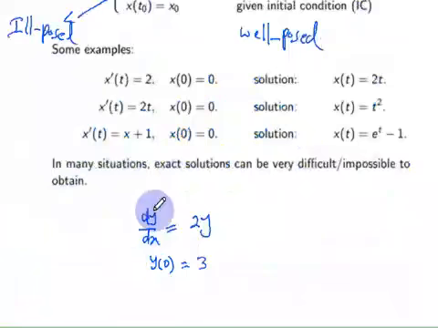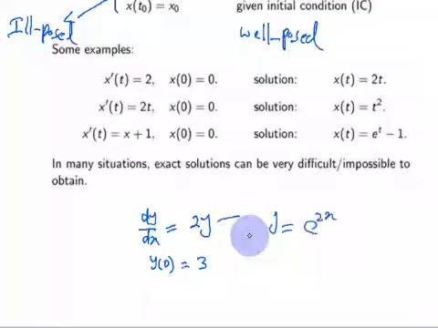For instance, if you look at this initial value problem, it is very easy to get an exact solution. When you solve, you can separate variables and obtain exact solutions. So you will get y equals c times e to the 2x.